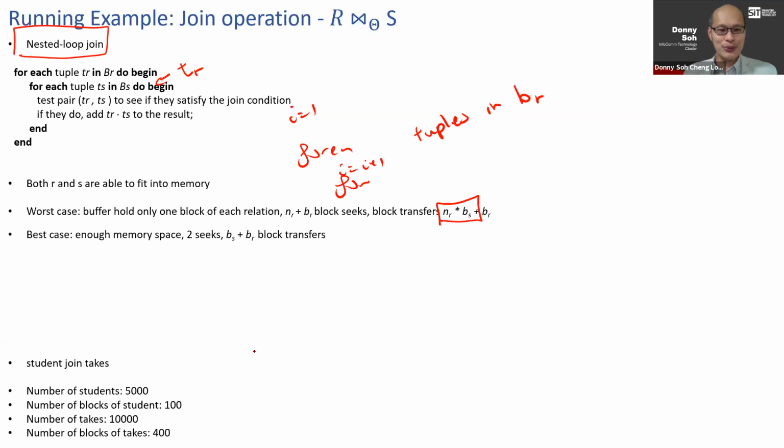The outer loop runs for BR times. The inner one will run for NR times. So this thing will run for BR times.